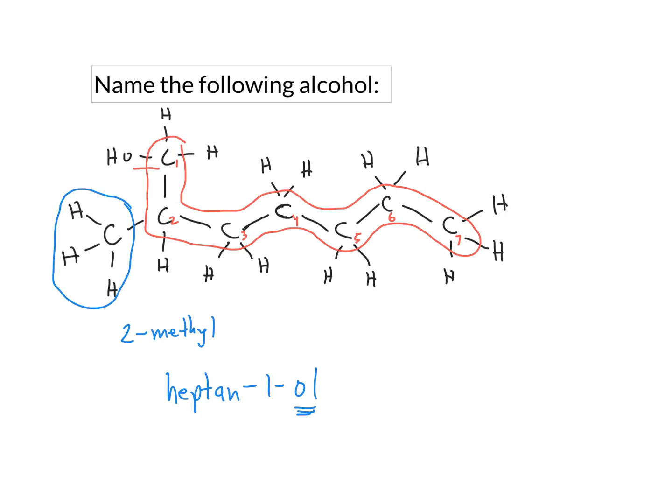Remember, our branches off the chain are prefixes to the name. So to finish this name off, I would say I have 2-methylheptan-1-ol. I have a 7-carbon hydrocarbon that has a hydroxyl group on the 1st carbon, and I have a methyl group as a branch off of the 2nd carbon. So that's how I would name this alcohol.